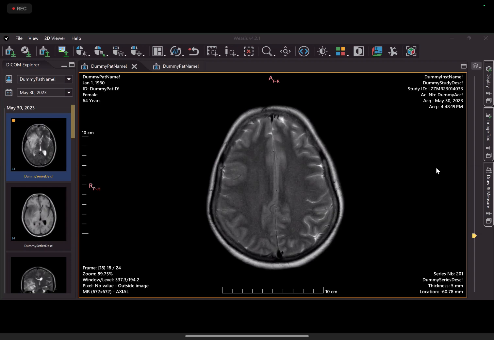Ma'am, we go for the routine brain protocol: we take FLAIR in axial, T2 in coronal, T1 in sagittal, then diffusion weighted imaging, and further contrast imaging. We also do advanced imaging in the form of MR spectroscopy, perfusion imaging, and diffusion tensor imaging.